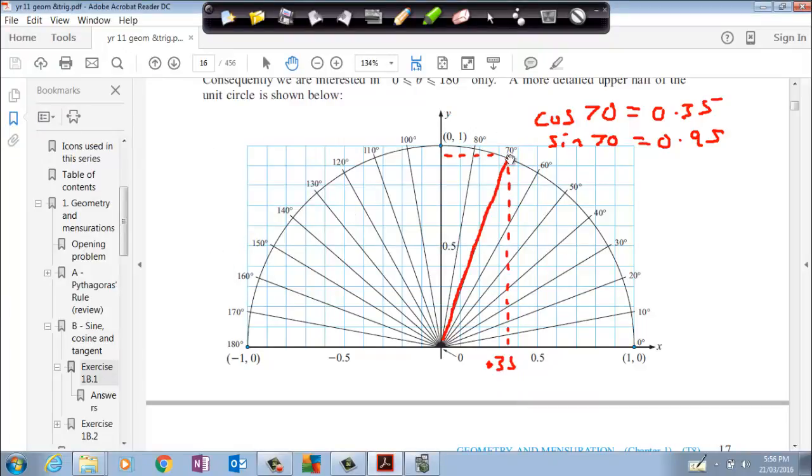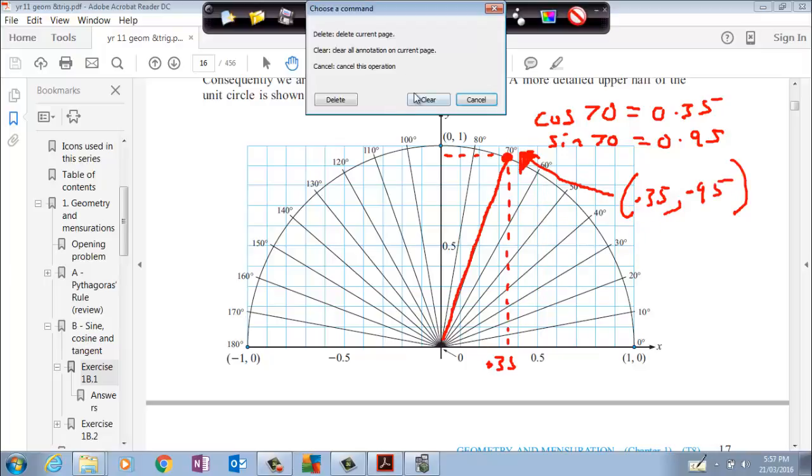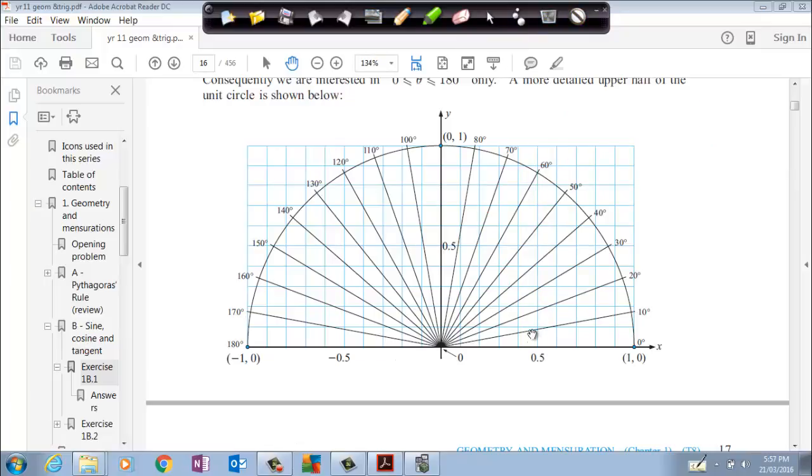So this has actually determined that the coordinate of that point is 0.35, 0.95, or from the calculator 0.94. And that's how you do those questions.